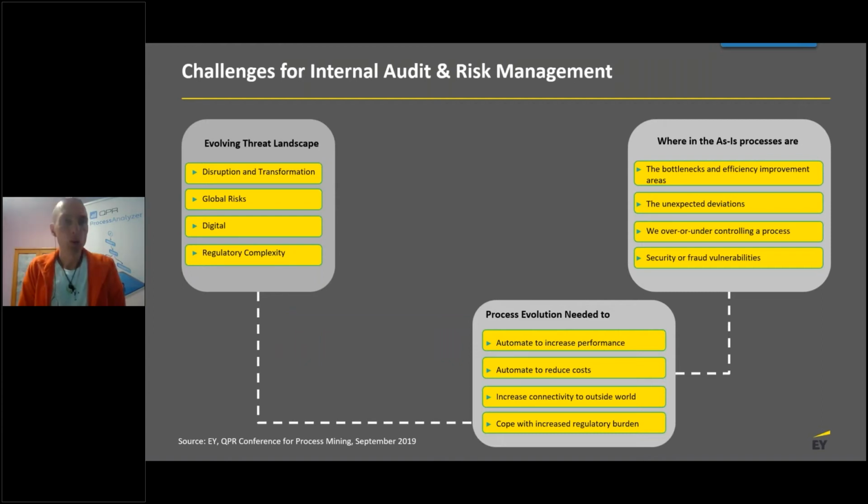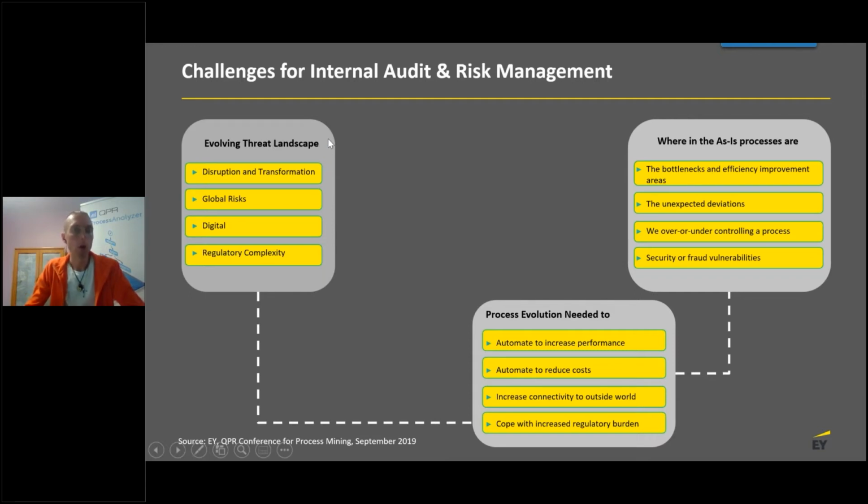Okay, here, challenges for internal audit and risk management. I am super happy to show this challenge slide in the beginning. This slide was originally presented by EY, Ernst & Young, at the QPR conference for process mining in September 2019. So we are living at the moment in an evolving threat landscape.